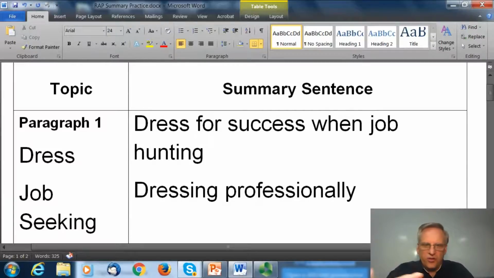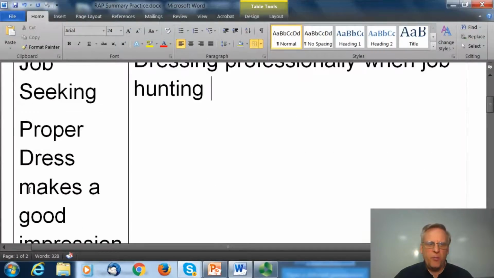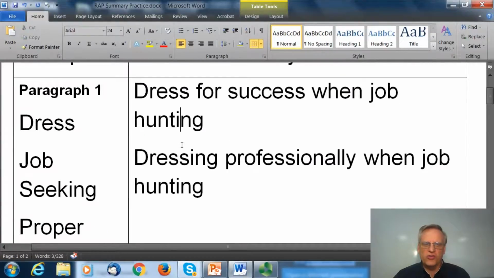This part is still good because we're really talking about dressing for job seeking. So dressing for success when job hunting. And one of the key details was that it makes a good first impression, and that was what we were lacking in our original summary.